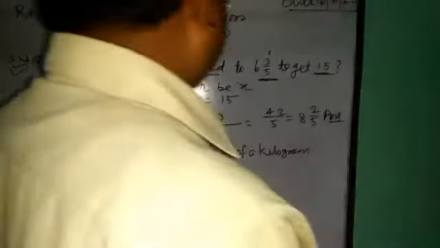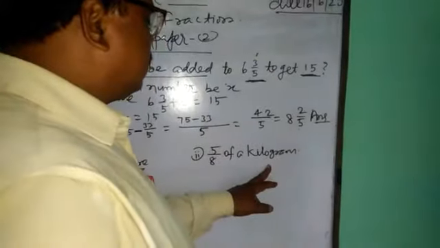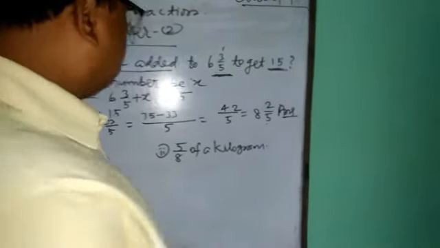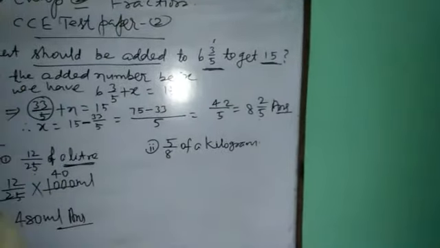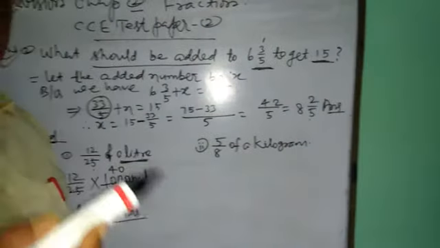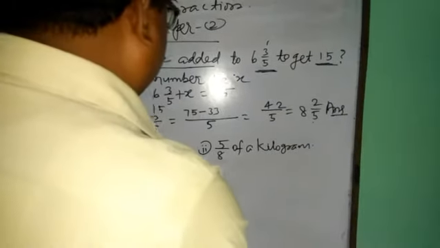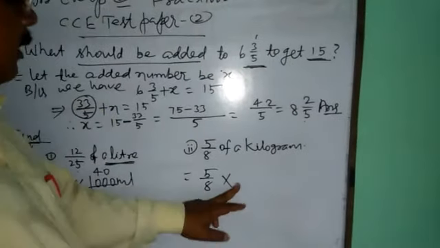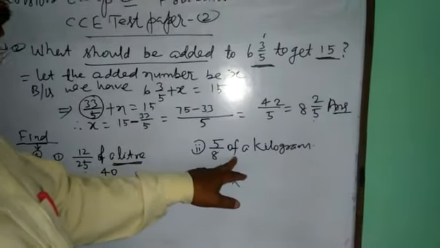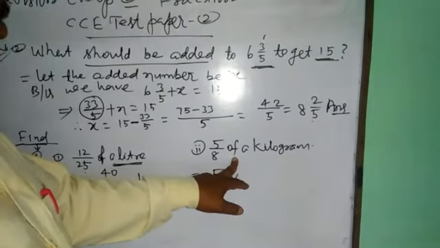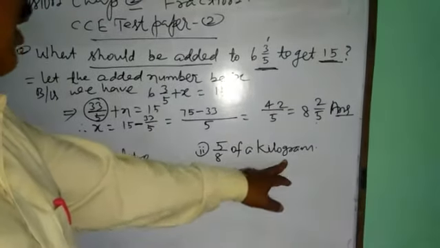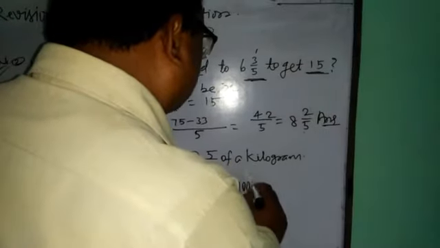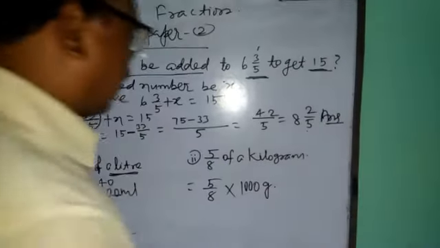Second question, 5 by 8 of a kilogram. 1 kilogram is equal to 1000 gram. So we write 5 by 8 with a multiply sign, and in place of 1 kilogram we change it into 1000 gram.